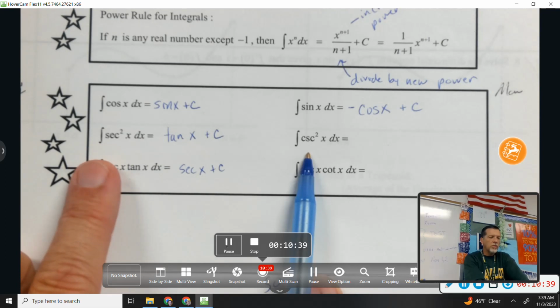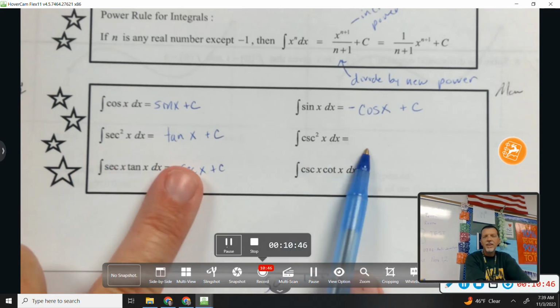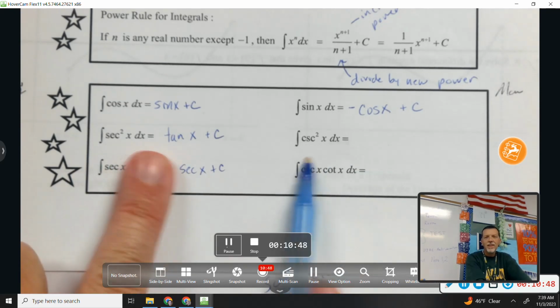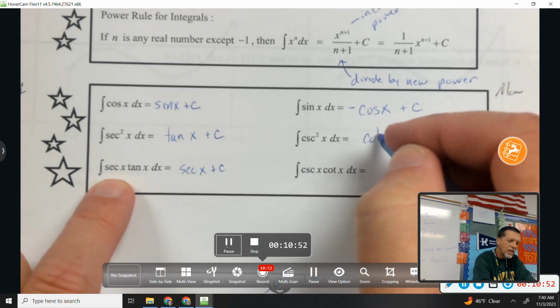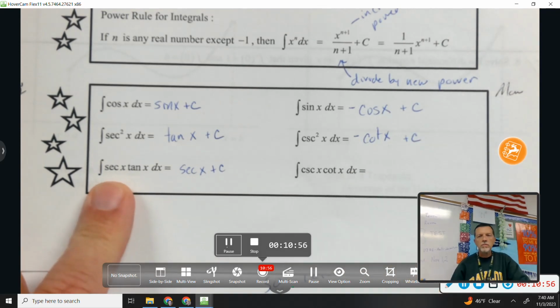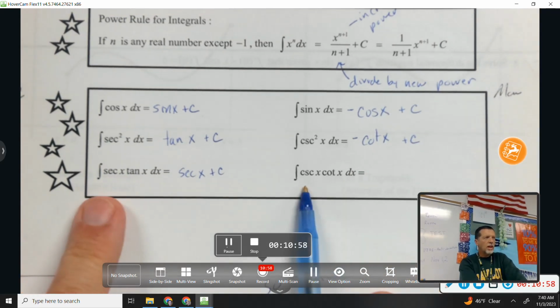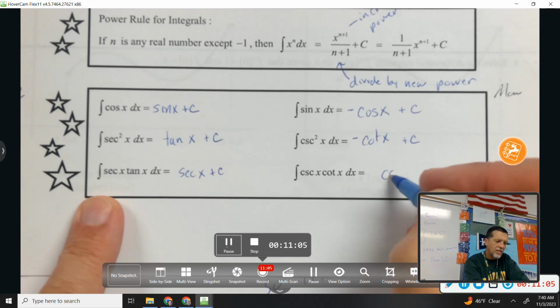What is the antiderivative of cosecant squared? Well, look at the parallel, cotangent, but negative, and then plus c. And then who has a derivative of cosecant cotangent? Cosecant, but negative.